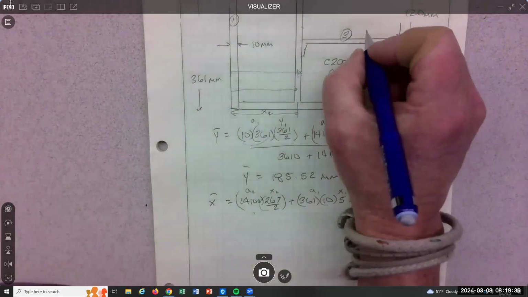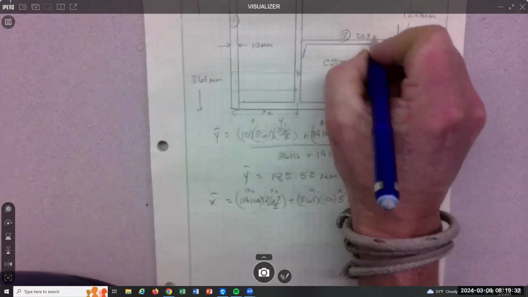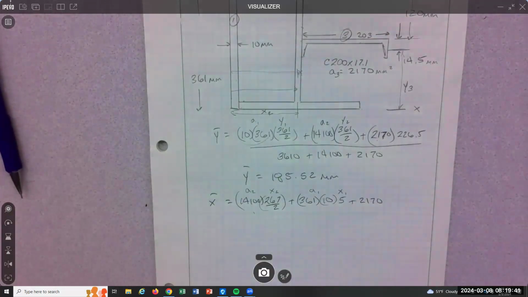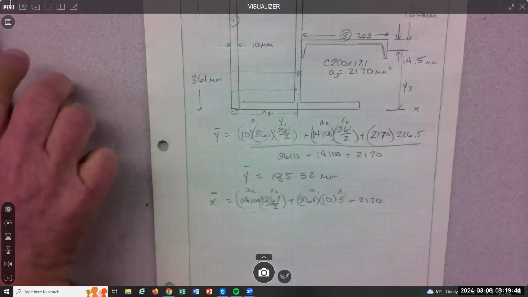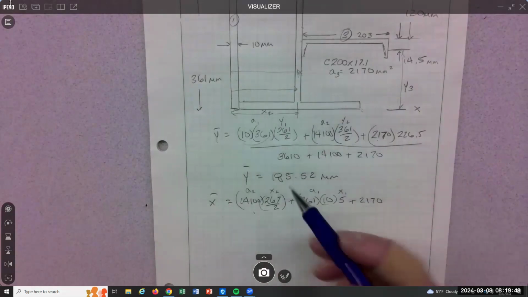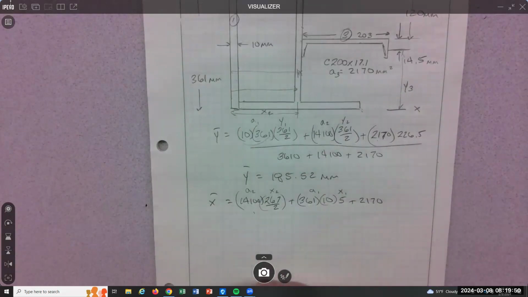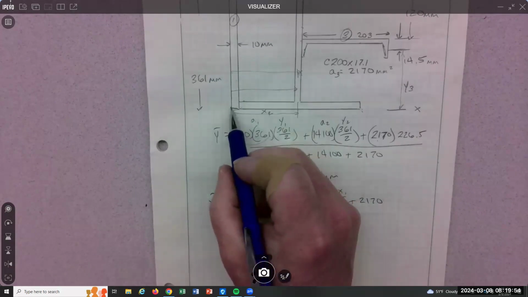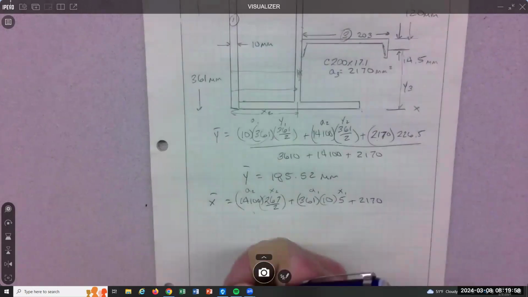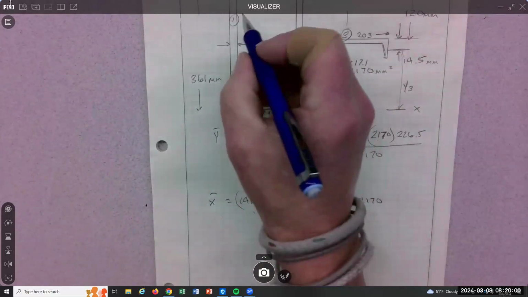So this thing is 203 from here to here. We have the whole distance of the web, the whole distance is 267. Right? So from here and half of that, you can get to here, and then you can get to here.